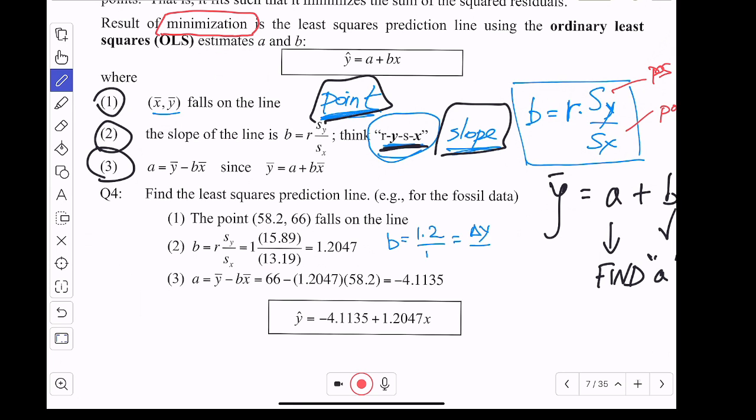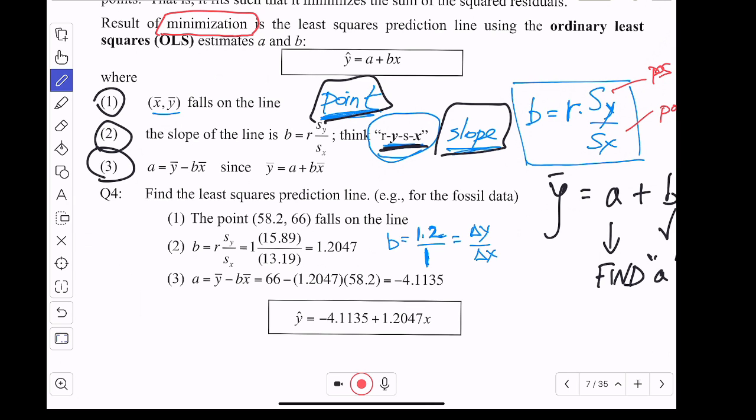It means, remember x was a leg bone, right? So if the leg bone is one, for each additional unit of leg bone, the arm bone is 1.2 units more. So for each additional x, y is an additional that.